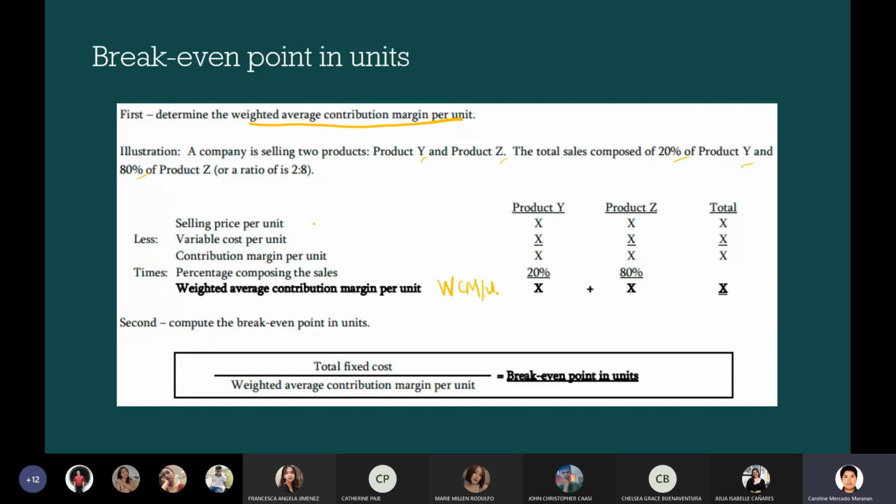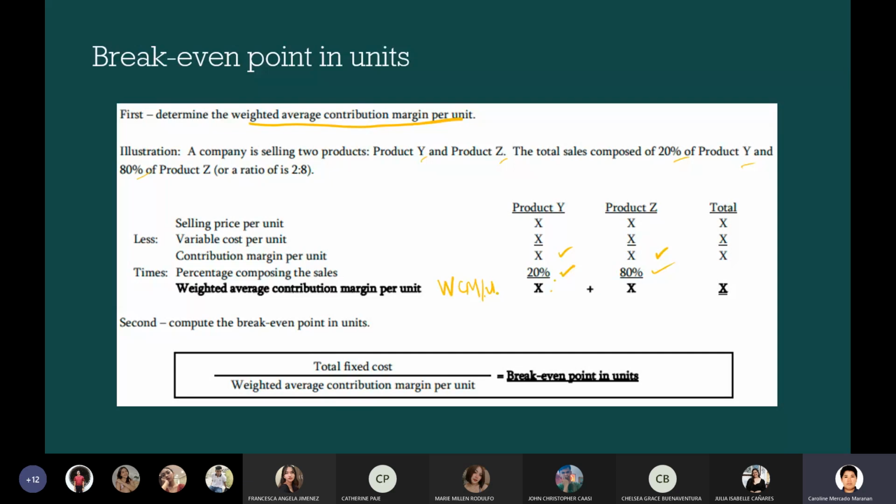So, ang una mong gagawin daw is to get the weighted average. Paano mo gagawin yung weighted average contribution margin? Get the CM per unit of each product. I-times mo dun sa sales mix ratio, which is 2 is to 8 or 20% is to 80%.